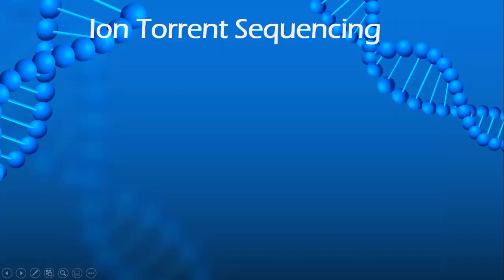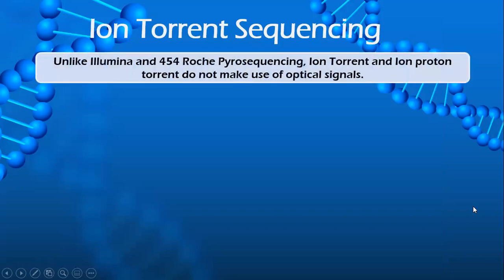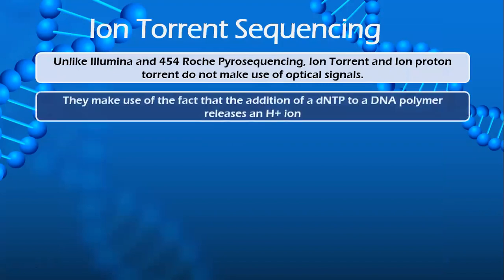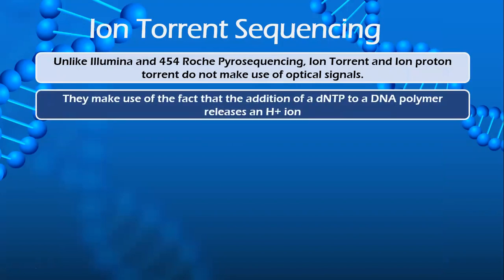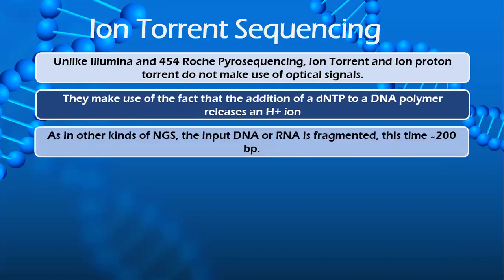So coming to the Ion Torrent sequencing. Unlike Illumina and 454 Roche pyrosequencing, Ion Torrent and the Ion Proton do not make use of optical signals. Instead, they make use of the fact that the addition of a dNTP to a DNA polymer releases a hydrogen ion, and as in other kinds of NGS, the input DNA or RNA is fragmented.